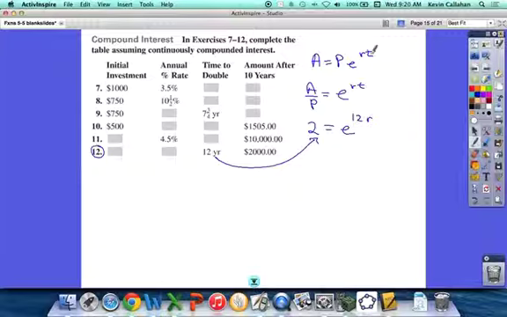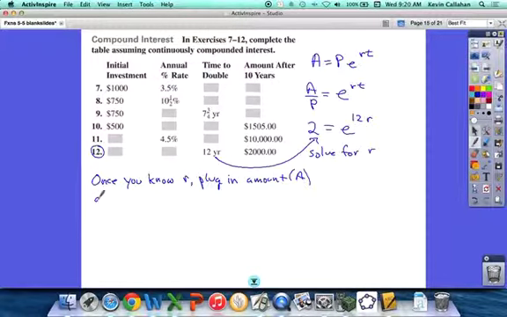I can plug in for T and A and solve for P. So this solved for R. Once we know R, plug in amount A after 10 years, T, solve for P.